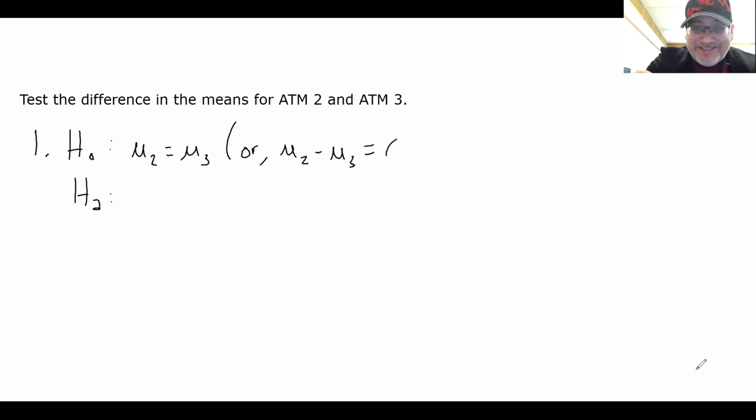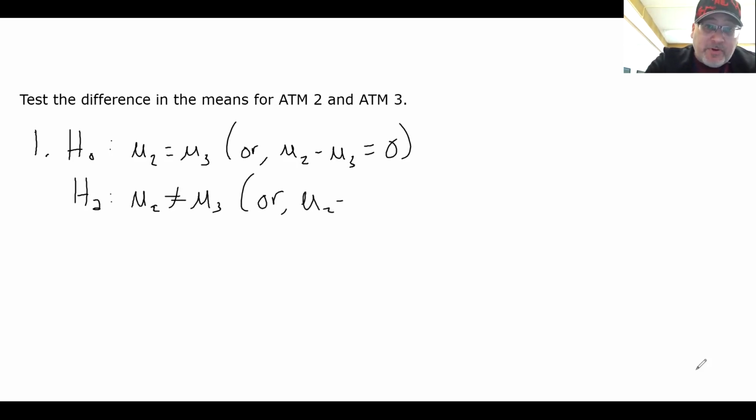This is why it's called testing the difference in means. Actually, we're comparing if two means are equal. The alternative would be, no, they're different, meaning that they're not equal to each other. I do want to remind you that the hypotheses are always about a population, so no X bars here. This is equivalent to saying mu2 minus mu3 is not equal to 0. All right, so there's our first step.